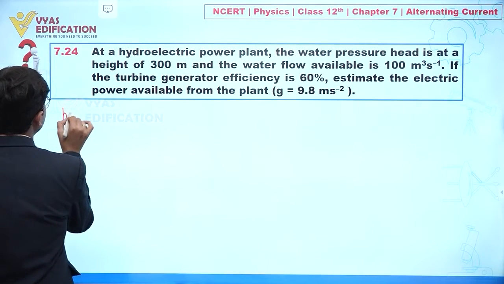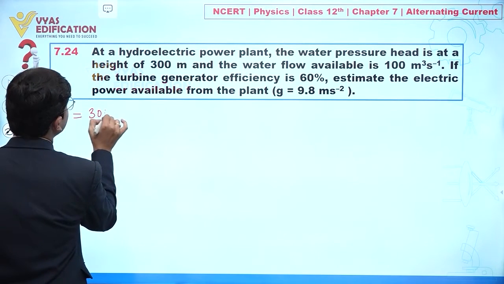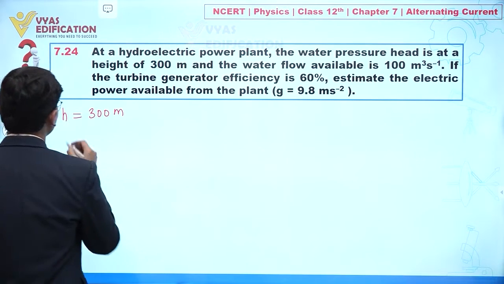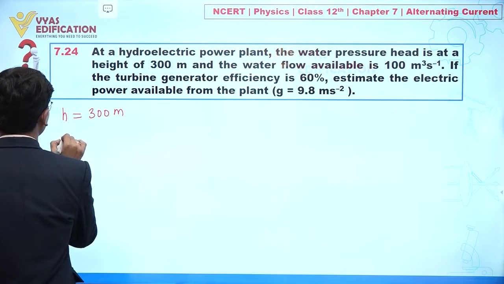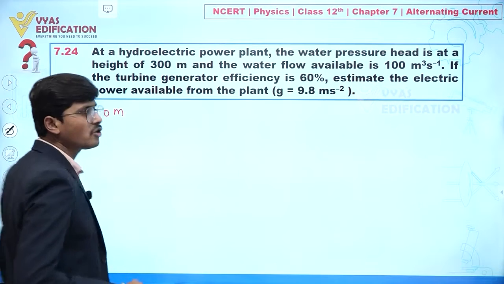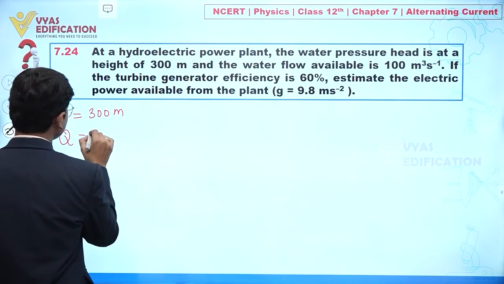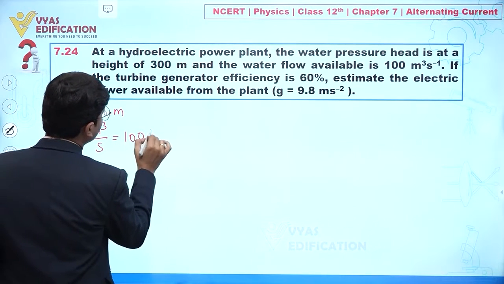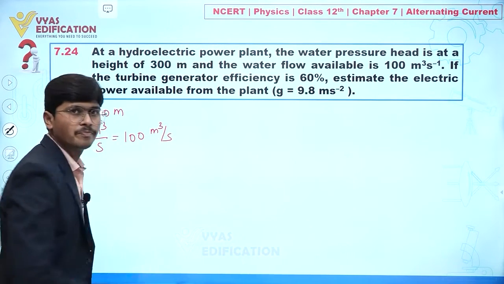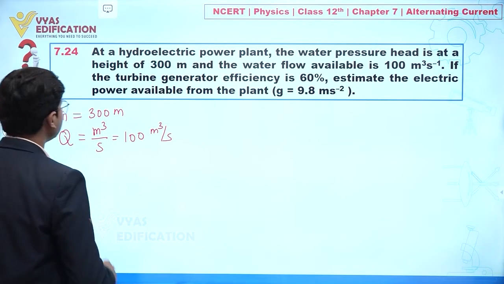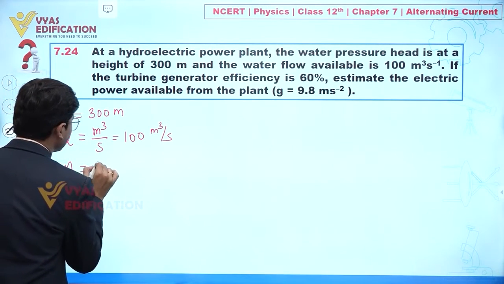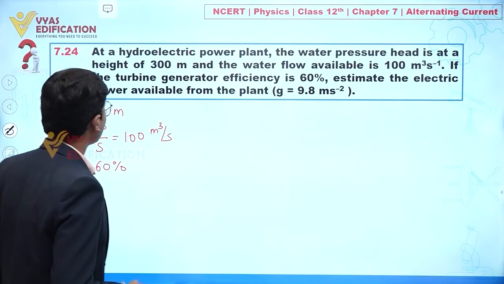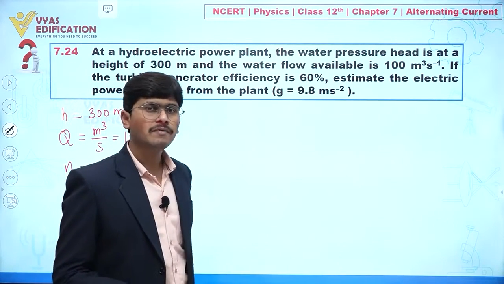Pressure head means the value of H, it is given as 300 meter. Water flow available means Q, the rate of flow of water, represented in meter cube per second, and this value is 100 meter cube per second. Now turbine generator efficiency is given as 60%. Now we have to find the electric power available from the plant.